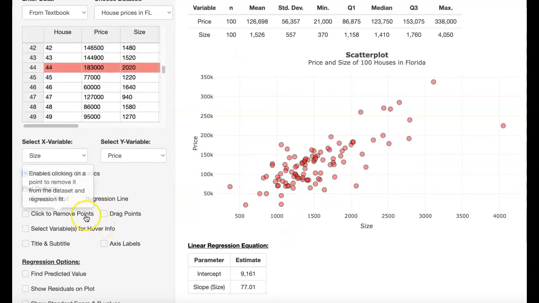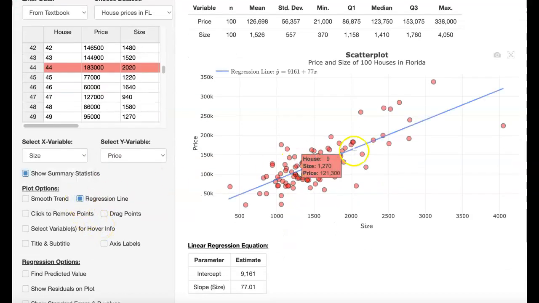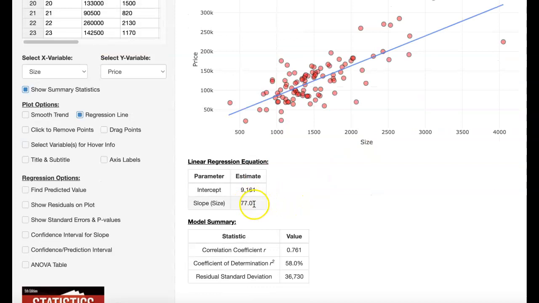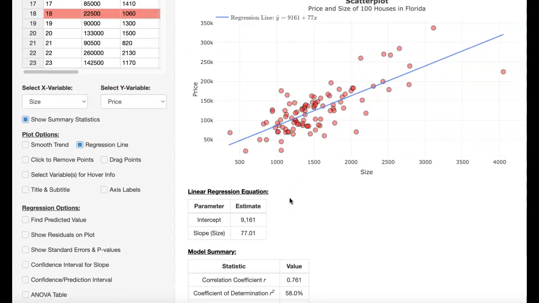Now you have to choose here a regression line, and then the regression comes, and you get the equation right here. Y hat equals, so this is the equation we use to make a prediction. And what does this data mean? Again, 77 is the slope, and you can see that down here. The y-intercept is 9,161.